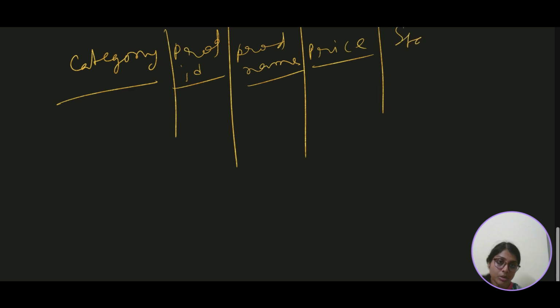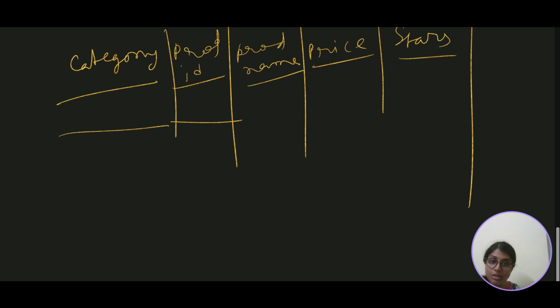Okay, so let's say we have category and then we have product ID and then we have product name. Okay, we have the price and we will map out the stars as well here. Now, each category level and product ID level, there will be multiple rows based on how many stars the customers have provided.